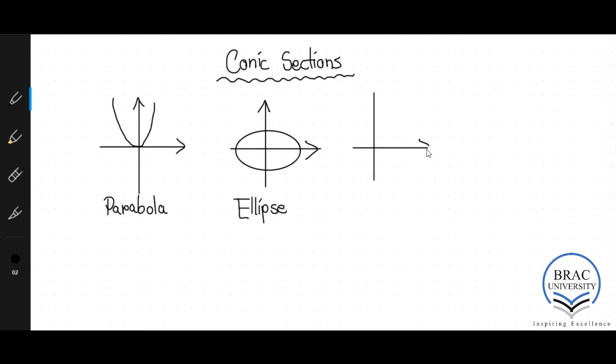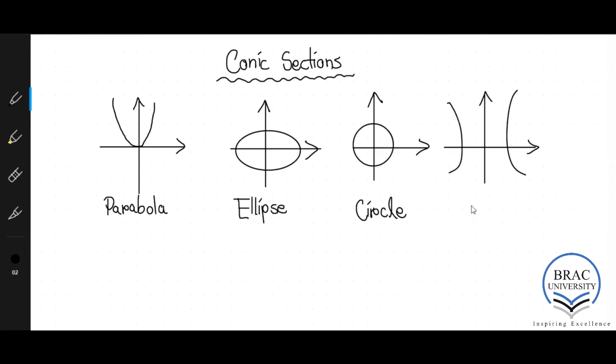If we have a shape like this, a circle, and let's say we have a hyperbola, which looks like this. Since this is an introductory lesson, we'll be looking at the standard equations for each of these shapes in this video.